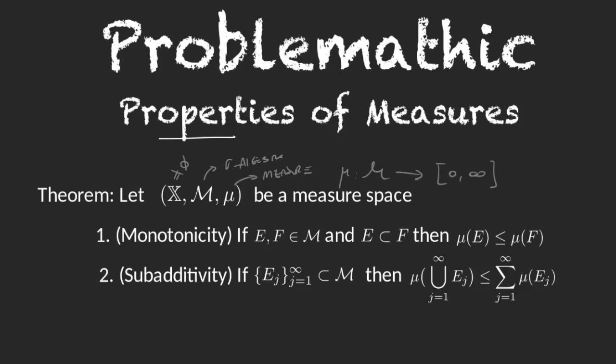The first property is monotonicity. It says that if we have two sets and one is bigger than another one, so E is contained in F, then the measure of the smaller set is smaller than the measure of the bigger set. It just makes sense, right?